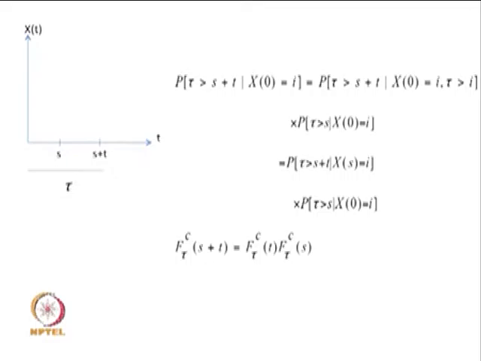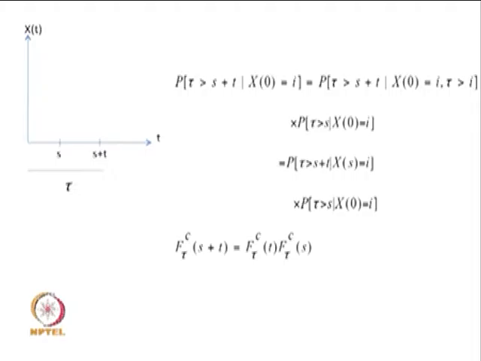Now, the probability of tau greater than S plus t given that X of S is equal to I, I can rewrite because this is a time homogeneous Markov chain. So, the interval S to S plus t is the same as the complement CDF of the random variable tau for the time t, since the Markov chain is time homogeneous and only the length matters, that is, the interval of length t.